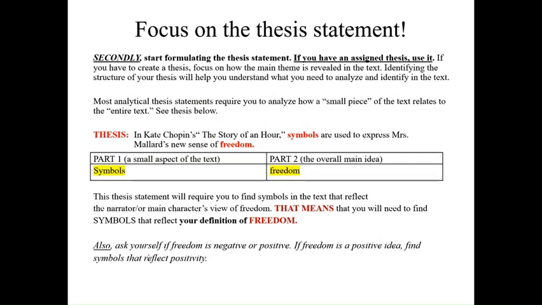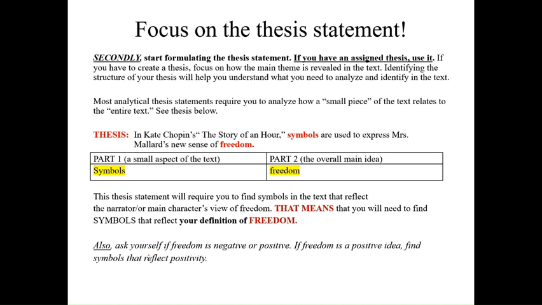Secondly, you guys are going to focus on your thesis. Again, if you have an assigned thesis, which you guys do, you have to figure out what the thesis is telling you to do. Remember, analysis is a breaking down of something. You're trying to show how this small piece of the text relates to the bigger main idea.